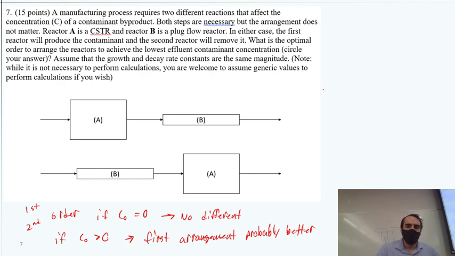Now, if you have a zero order, then another interesting thing happens. Doesn't matter what you're starting with, but if the rates are the same, it actually ends up that it doesn't matter here either, because the reason that a plug flow reactor could be better than a CSTR is because you're dealing with some high amount.